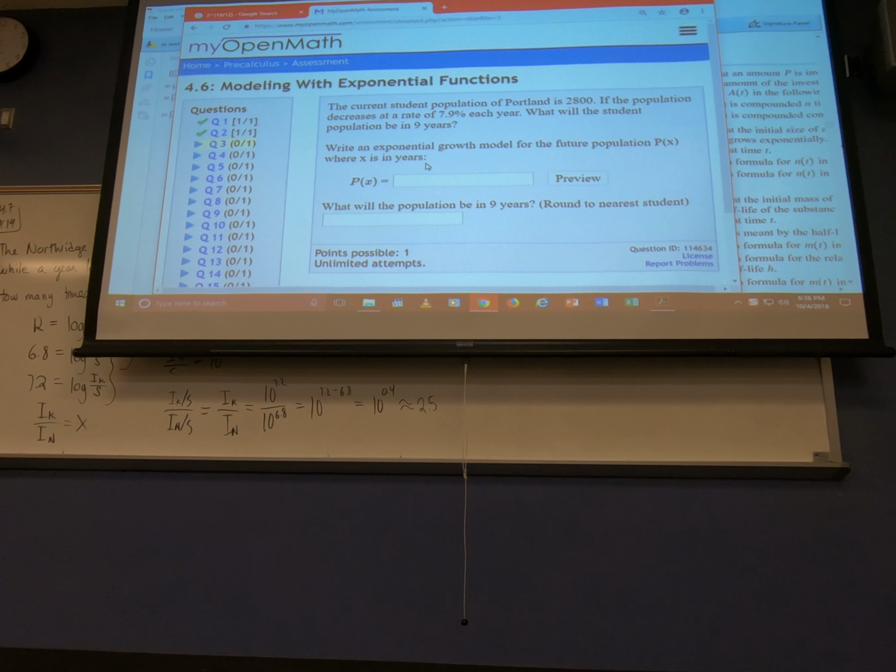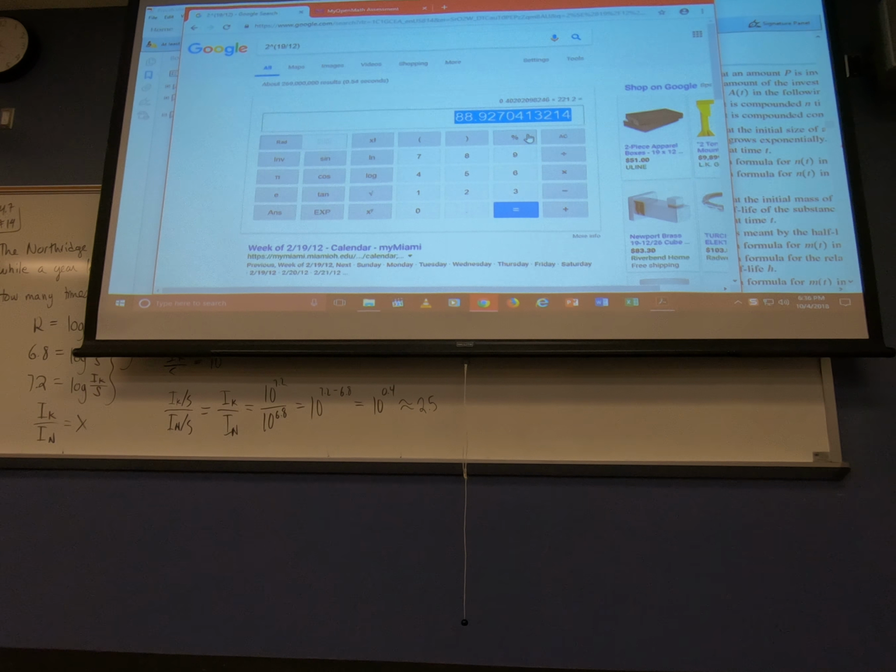And they want to know in 9 years. So P of 9 will be this number. And to evaluate this, we need to do what first? The exponent, right? Follow the order of operations. So I'm going to say, okay, I've got the exponent, apply the base, what is it? 0.921, and I've got an exponent of 9, and I'm going to multiply that by 2,800.